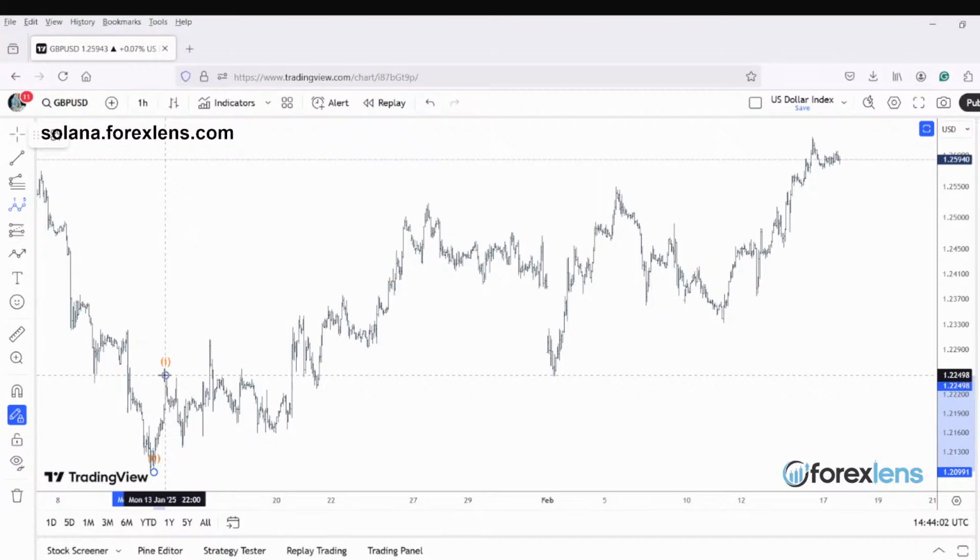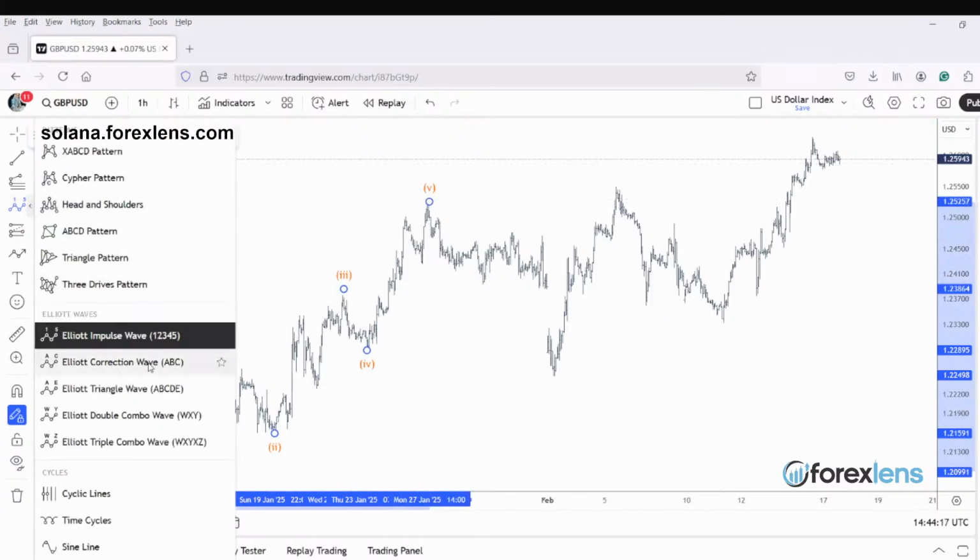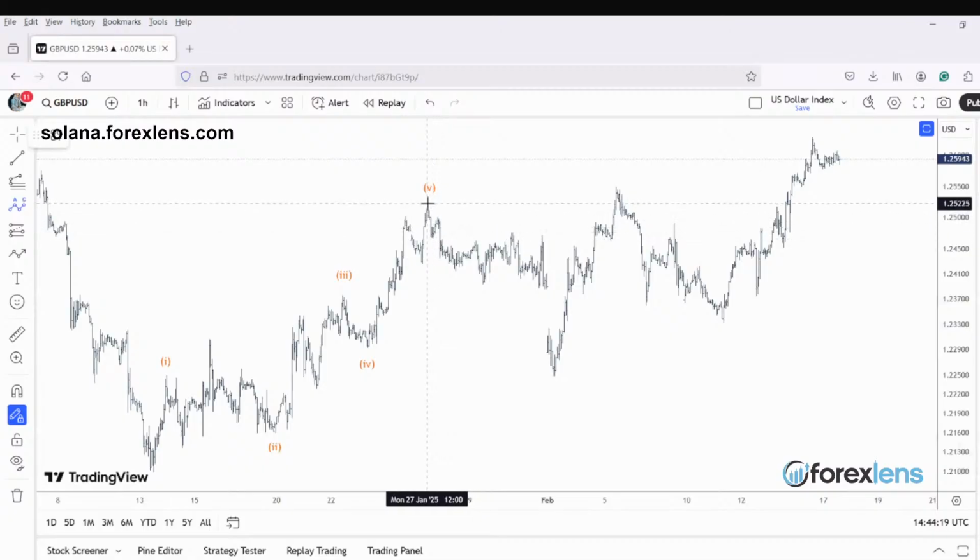So here are the counts: wave one, wave two, the first impulse, followed by a corrective ABC.